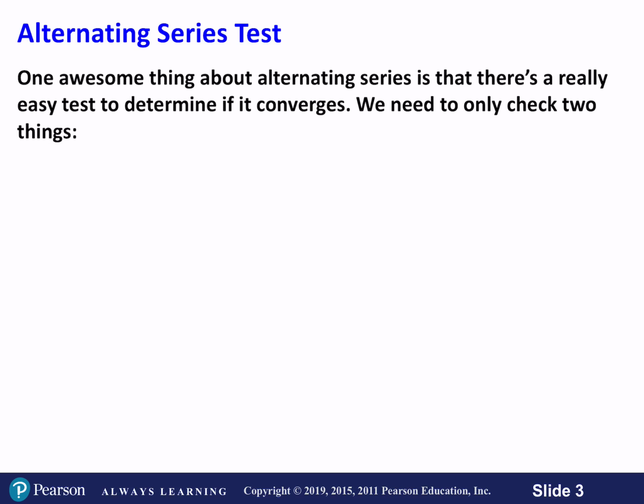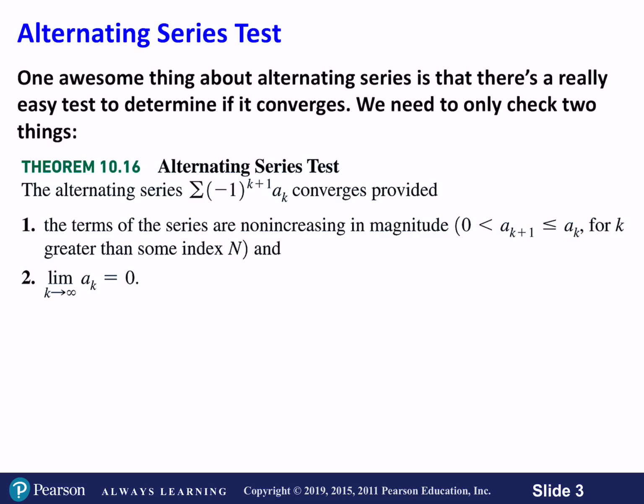So the thing that is great about alternating series is that we only need to check 2 things to know whether or not this converges or diverges. So the 2 things that we need to check for our series is that the terms of the series are non-increasing in magnitude. So in other words, if we start off with the series of negative 1 to the k plus 1 times ak, so ak is defined to be everything except that negative 1 to the k term.